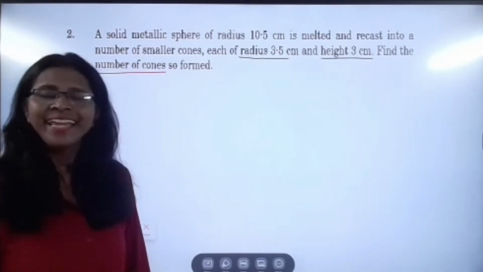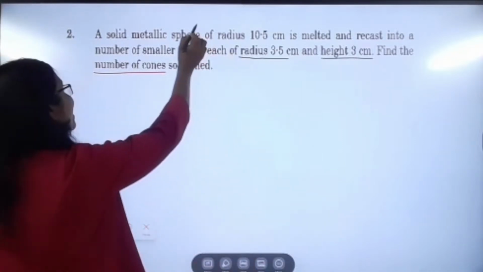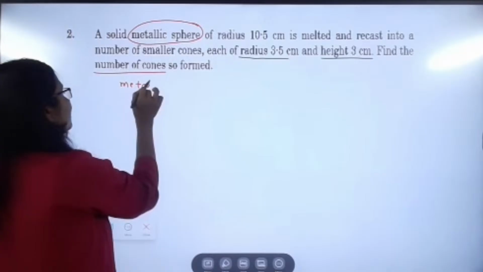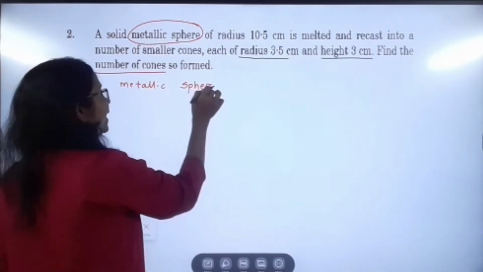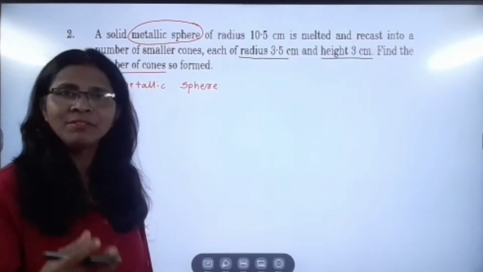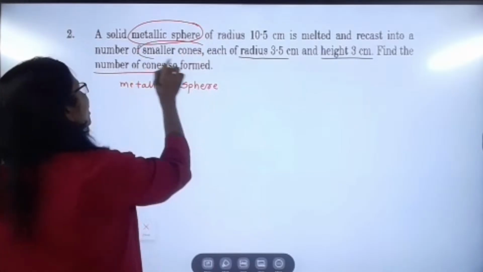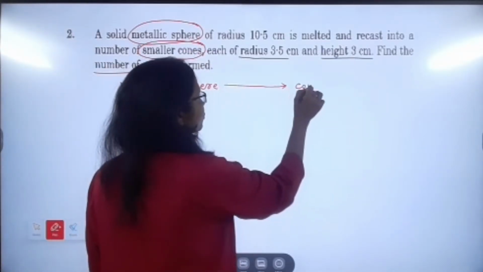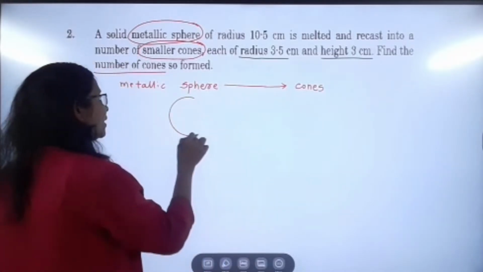Yes, students. Here now, students, we have the metallic sphere. I write down here metallic sphere, and we have to convert it into the smaller cones. Okay, so here is the figure of the metallic sphere this way.